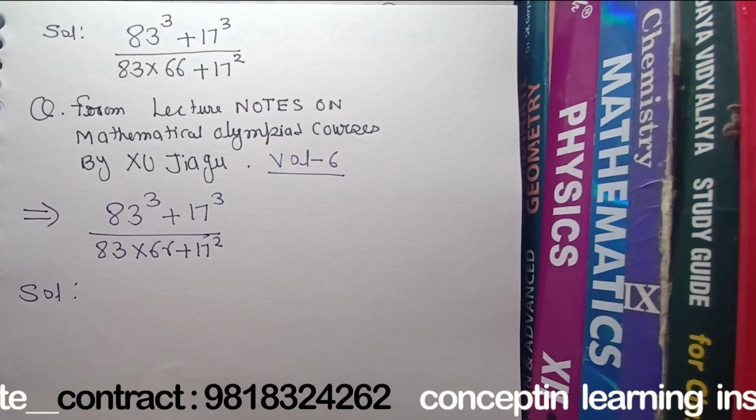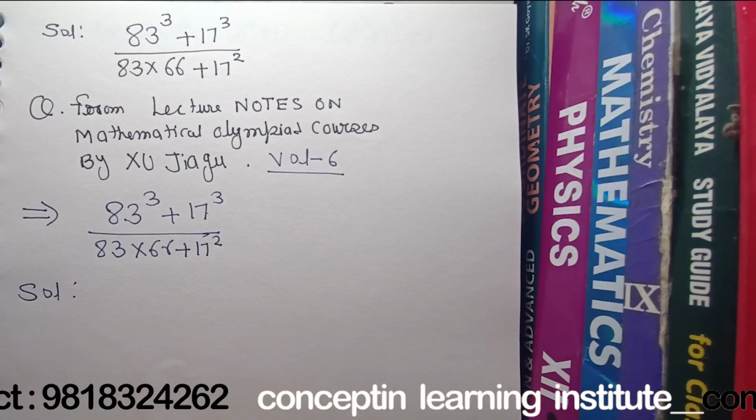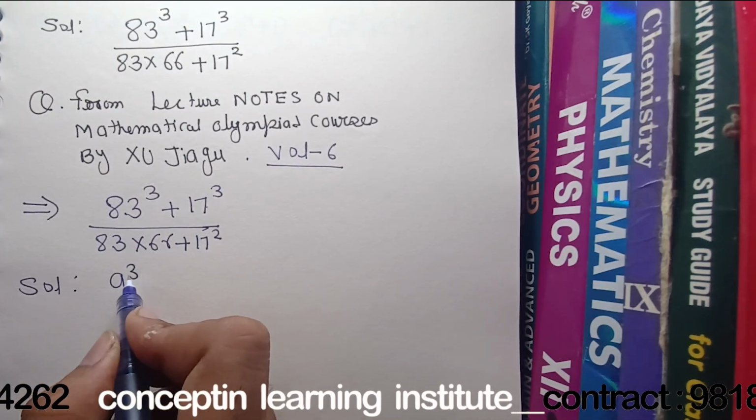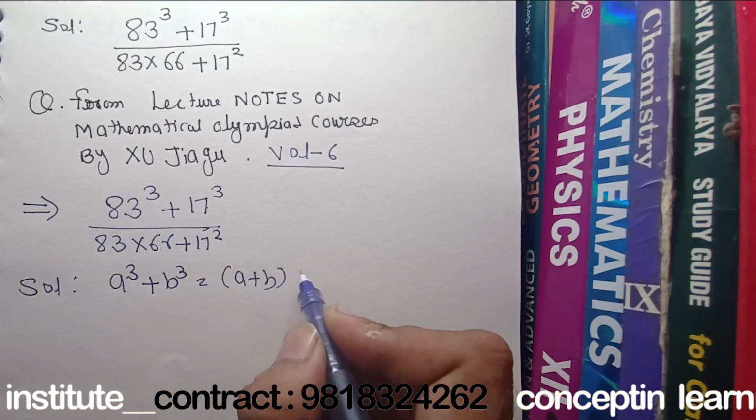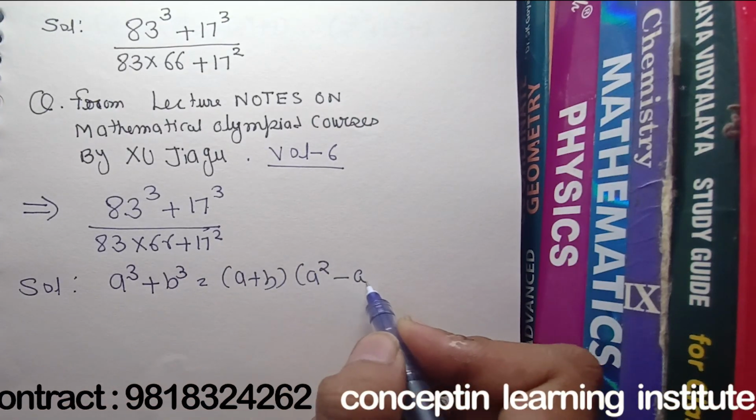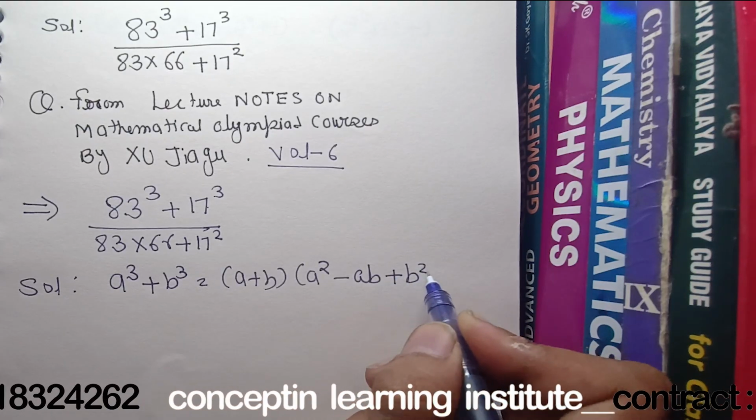Then this is a cube plus b cube. So applying the formula, a cube plus b cube is (a plus b)(a square minus ab plus b square).